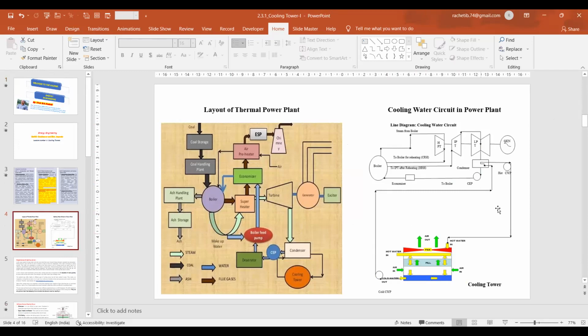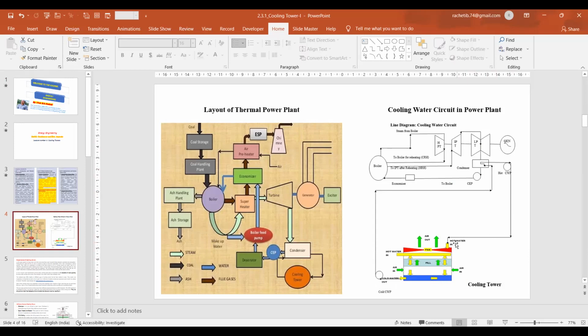So cooling water circuit we have seen. This is a boiler. This is the turbine, HP, IP, LP turbines. Then condenser. We are concentrating on this particular area today. The exhaust steam coming out from the condenser is condensed with the help of this cooling water circuit, which consists of hot CW pump, cooling towers, then cold CW pump.